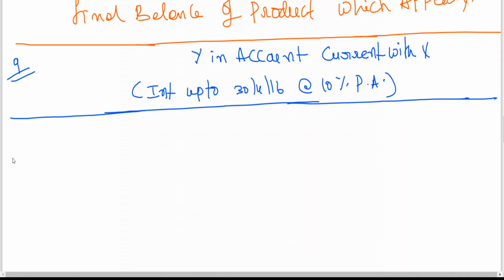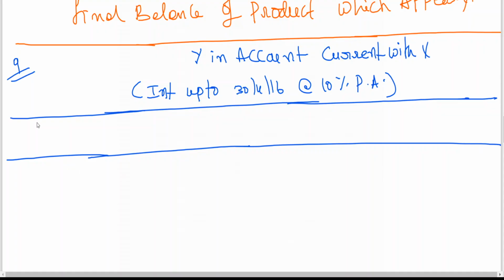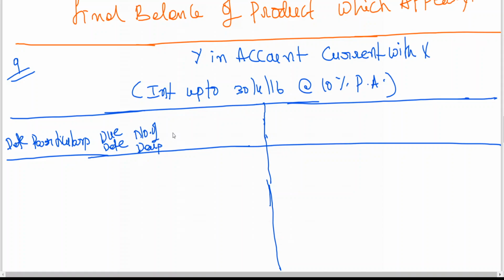So now, as usual, we'll be writing date, particulars, due date, number of days, amount, product.